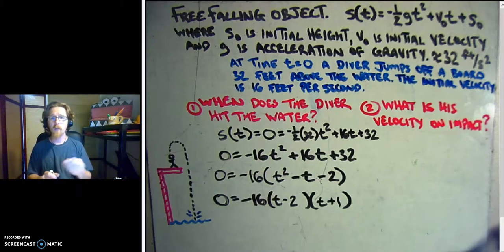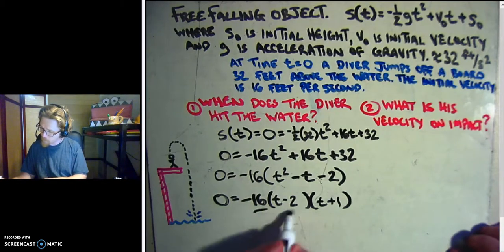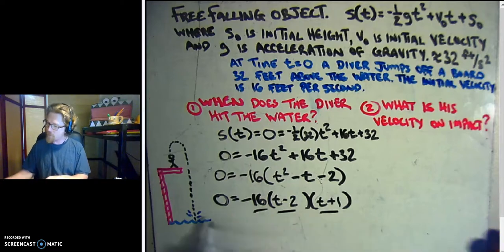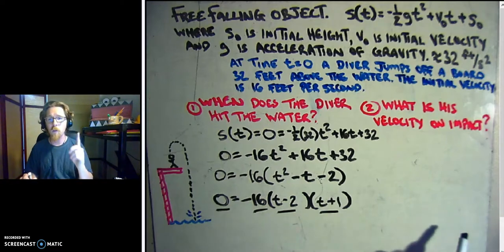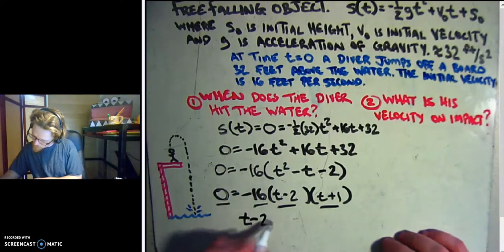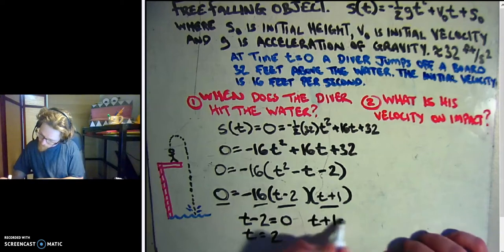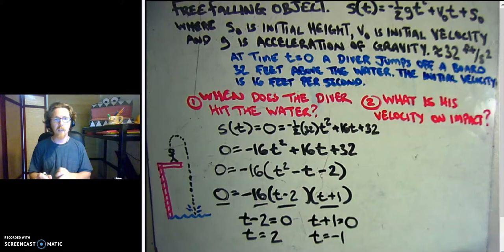And I know my zero product property says that when you have terms being multiplied together and you get an answer of 0, one of those terms has to be 0. So I can say that either the t minus 2 term is equal to 0 and t equals 2, or the t plus 1 term is equal to 0 and t equals -1.